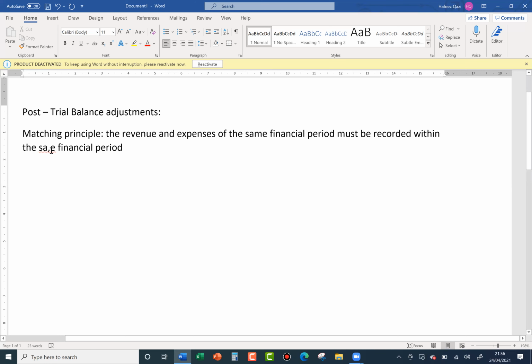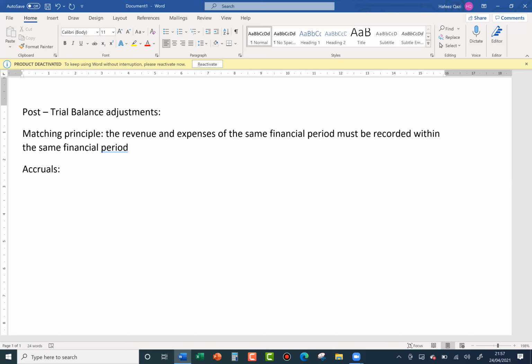So if there are any expenses or incomes which relate to the current financial period, they must be recorded. So income of the current financial period and expenses of the current financial period. Okay, and this goes in association with another accounting principle or concept which is called accruals.